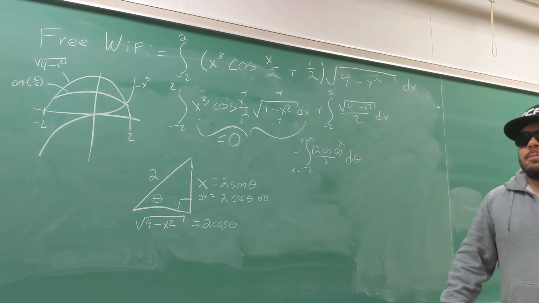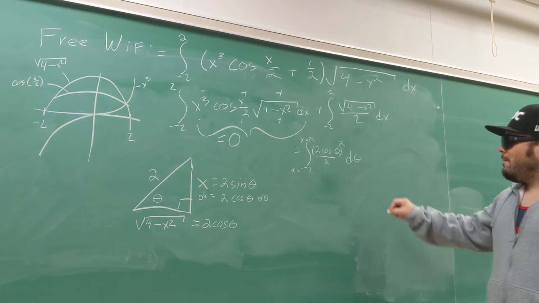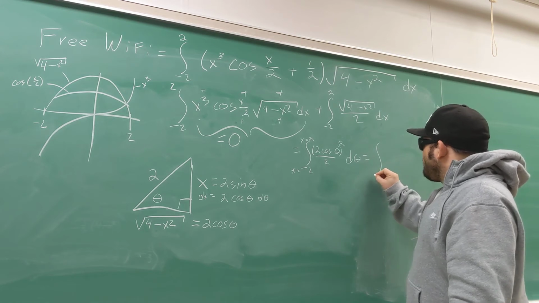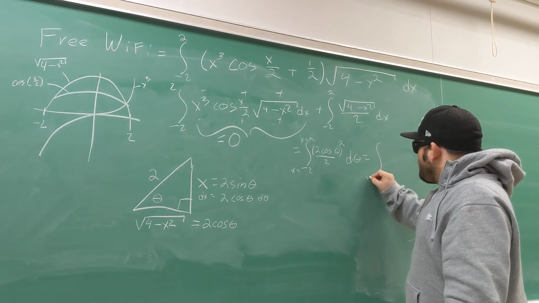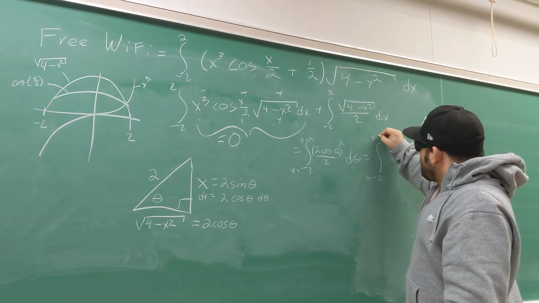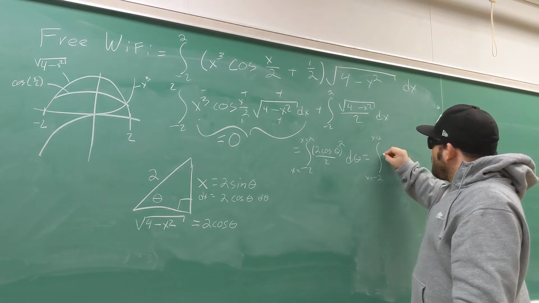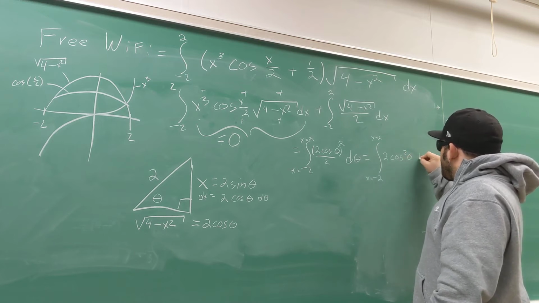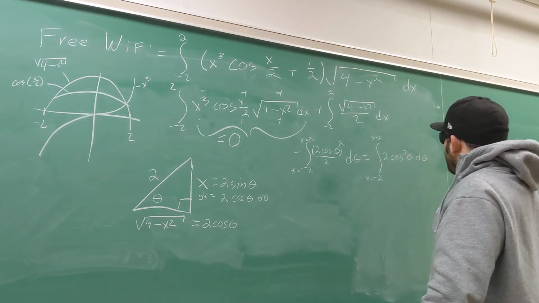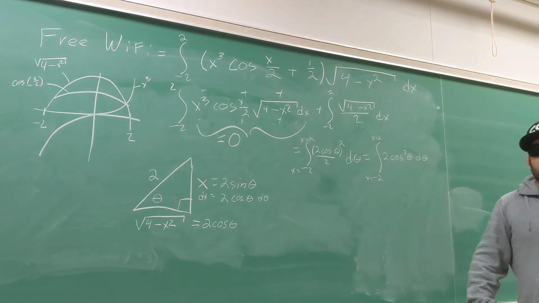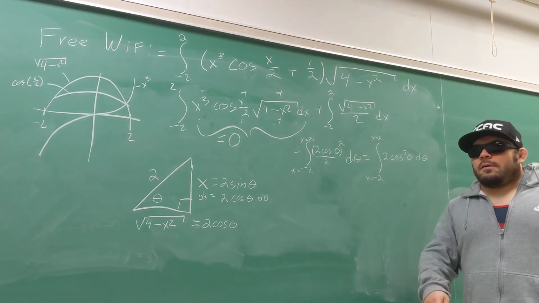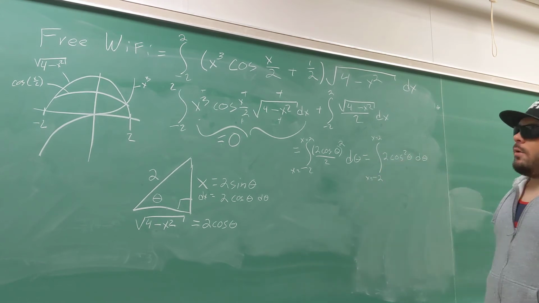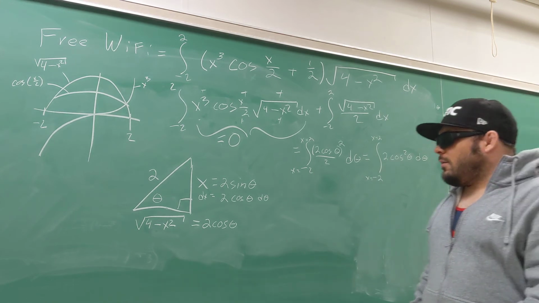It's a lot easier. What is cosine squared theta? Well, it's 2 cosine squared theta happens to be this.